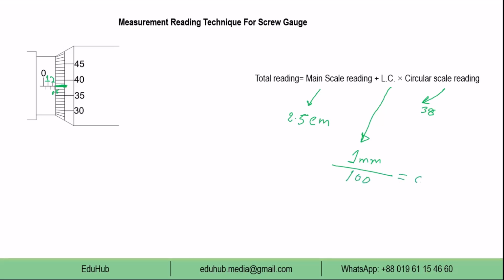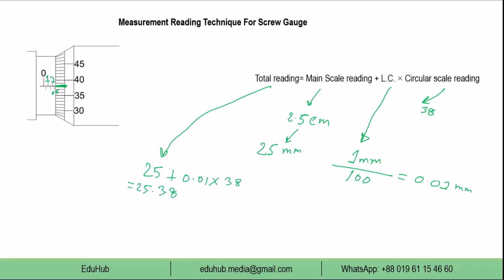That means the least count is 0.01 millimeter. 2.5 centimeter means 25 millimeter. So the total reading is 25 plus 0.01 into 38, that is 25.38. So it is the length or diameter of the object.